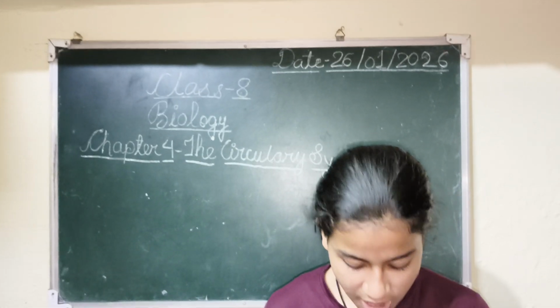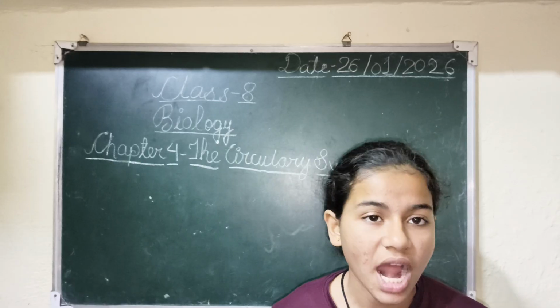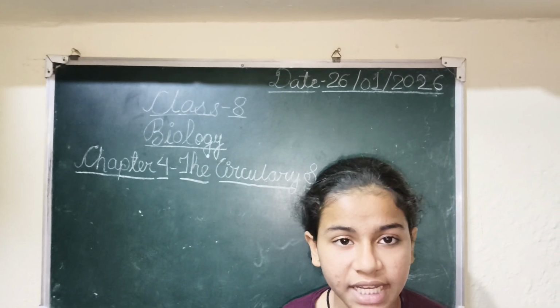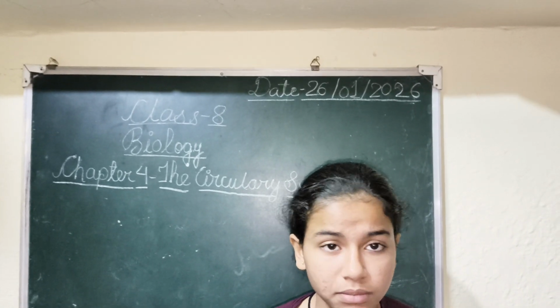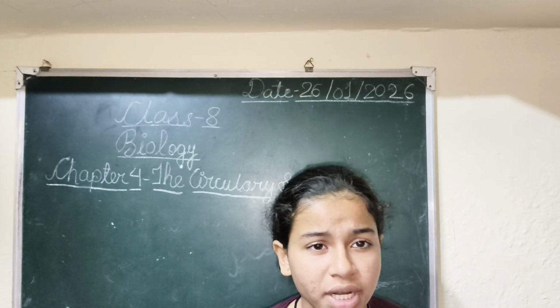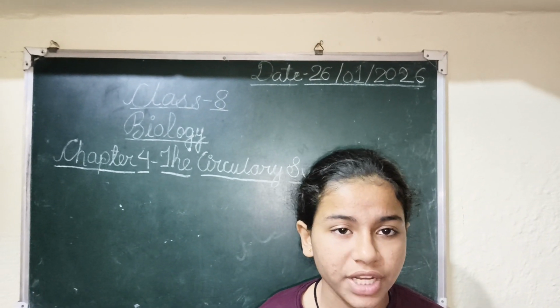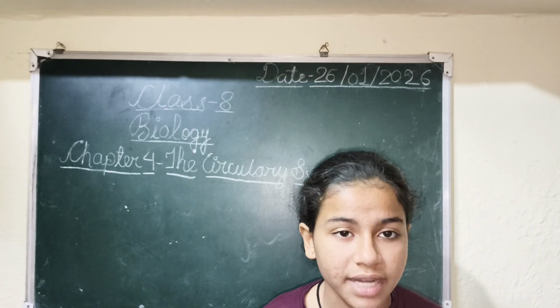What is the difference between heart attack and cardiac arrest? Heart attack is different from cardiac arrest, as we know, because in a heart attack our heart stops beating suddenly, and it can be cured if you go to the hospital very soon, and if not, the person may die.